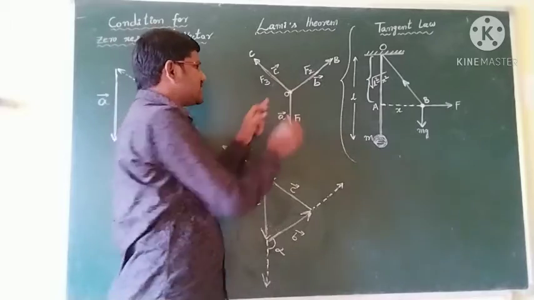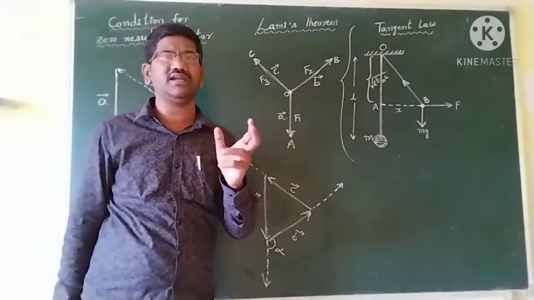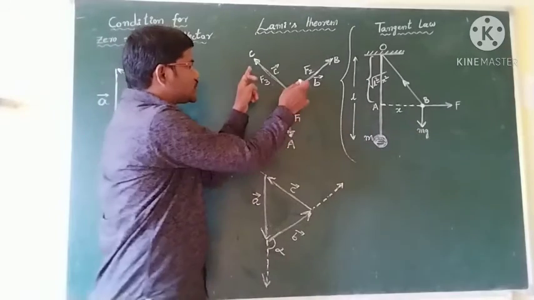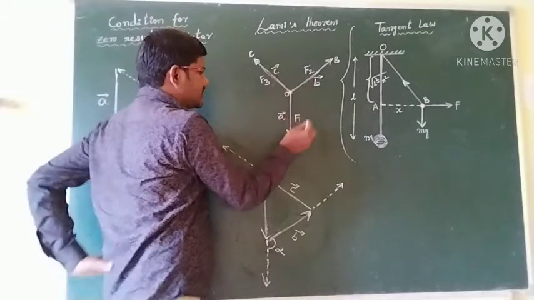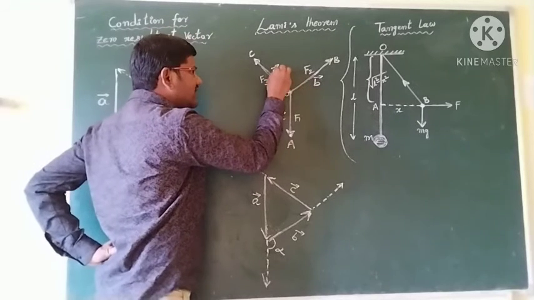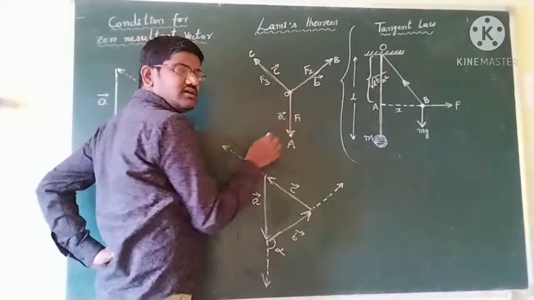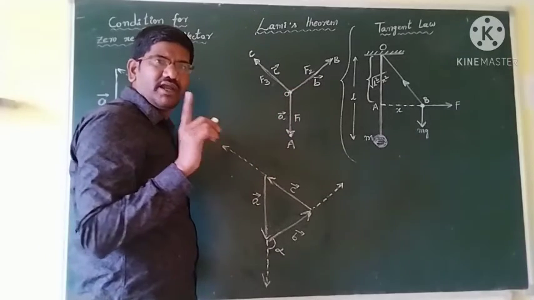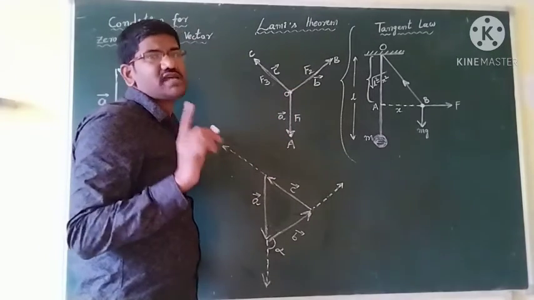These three forces are acting on the particle simultaneously. A bar is one vector, B bar is one vector, C bar is another vector, acting from the point at the same time.